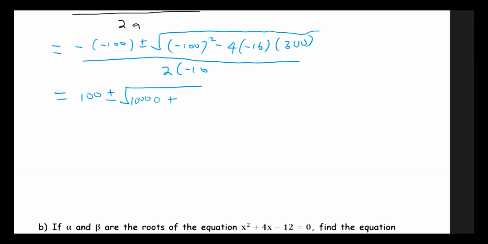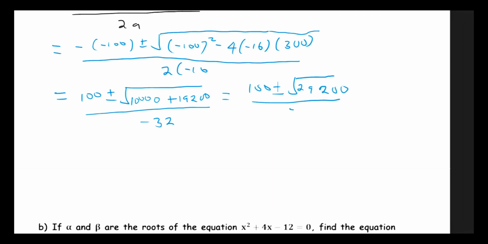And then when you combine these other two, 4 times 16 times 300 is 19,200. So we have 100 plus or minus, under the root we have 29,200, and that is over negative 32.